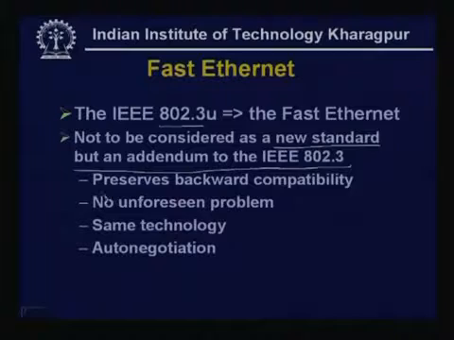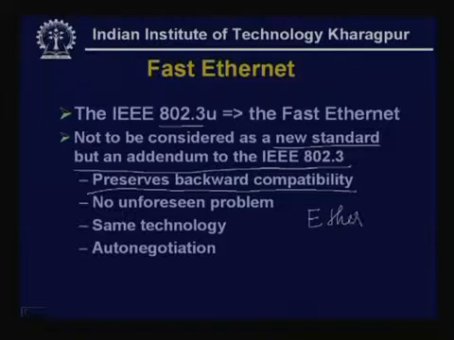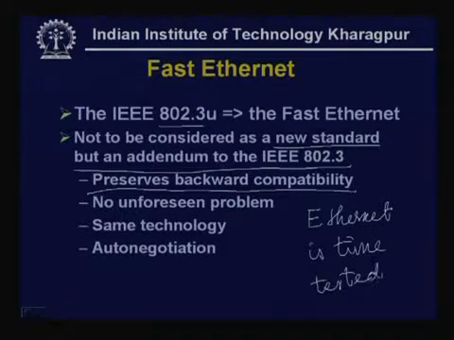So, it preserves backward compatibility. Since it preserves backward compatibility and Ethernet was already time tested by that time, there is no unforeseen problem. All the problems have already been sorted out. So, it uses the same technology as 802.3. However, some new features were added.